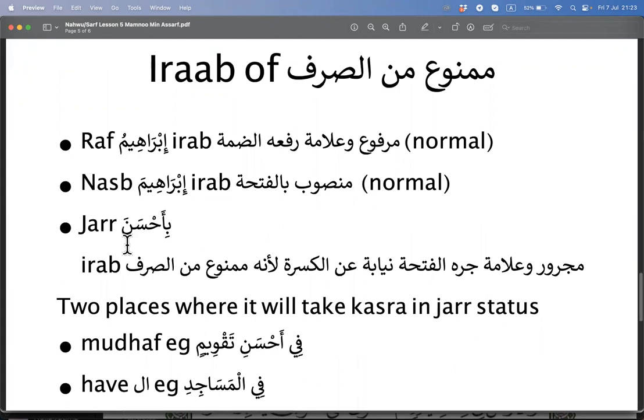Yes, okay. So when we do i'rab for the jar, we say majrur bil-fathah. But it's not the default sign, so we say niyabatan 'anil-kasrah. Exactly. And then what kind of word is it? Mamnu' min as-sarf. Exactly. Easy? Inshallah. Good, Alhamdulillah.